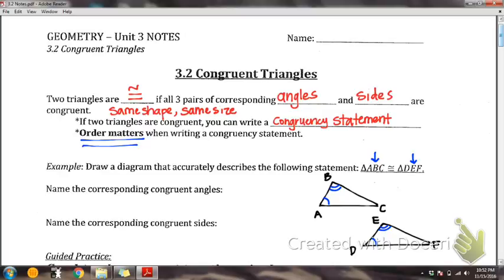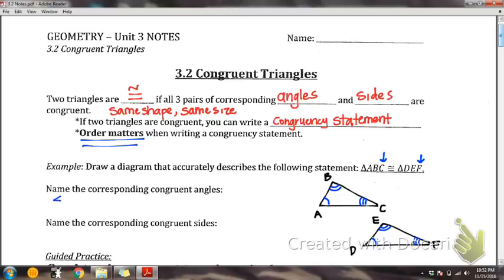And if we notice again, back up in our congruency statement, angle C is the last letter and angle F is the last letter. That means that angle C, that we're going to mark with three arcs now because we've already used 1 and 2, is also 3. So it says name the corresponding congruent angles.